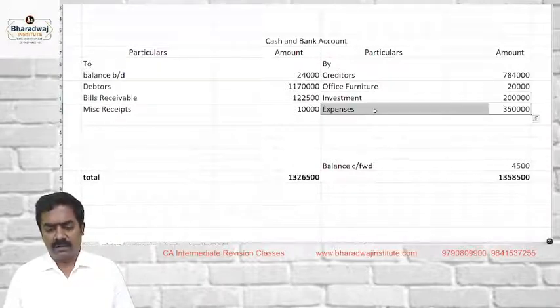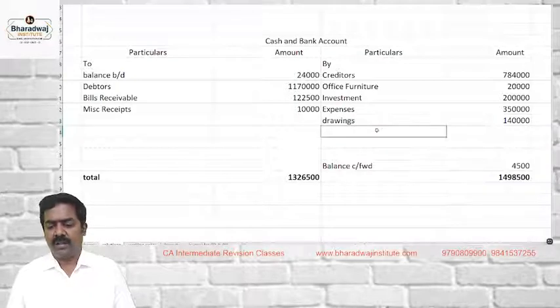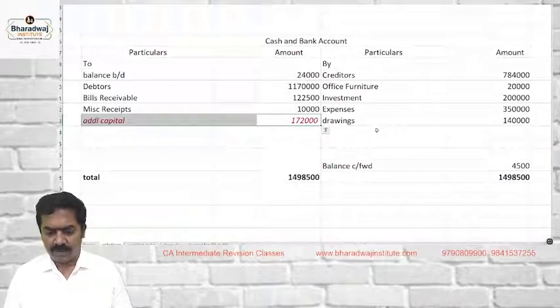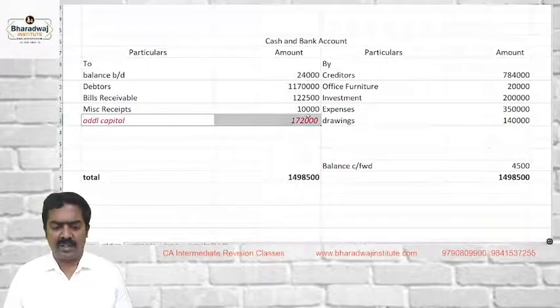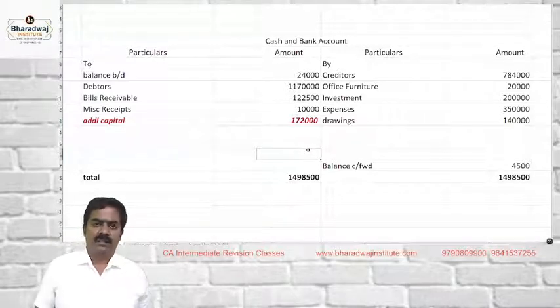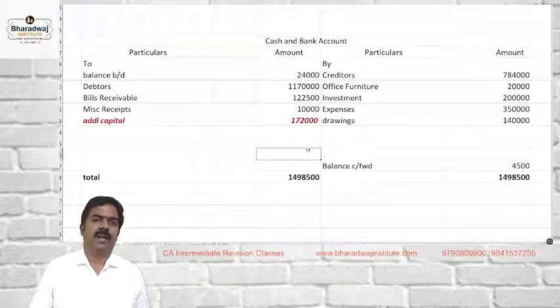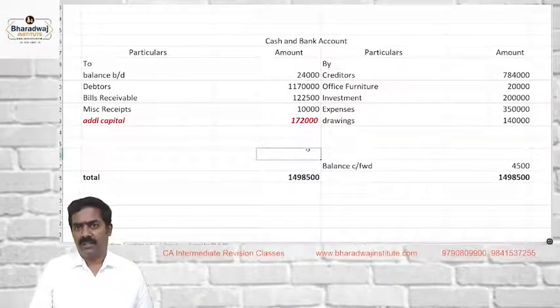Then expenses, sundry expenses paid 3,50,000. Drawings are given 1,40,000. As a balancing figure, we'll get which one? Additional capital. That investments made at the middle of the year.